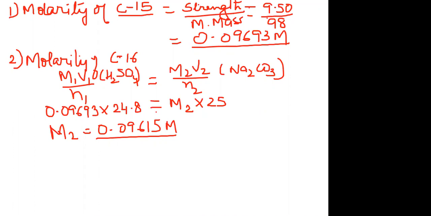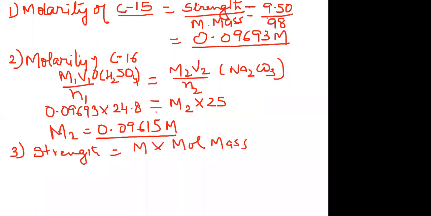Now, you have to find out the third question, the strength of sodium carbonate solution. So how will you find out the strength? The strength of sodium carbonate solution can be calculated by using the formula molarity into molecular mass. The molarity in the case of sodium carbonate is 0.09615, and we multiply by the molecular mass, that is 106, and the value will turn out to be 10.19 grams per liter.